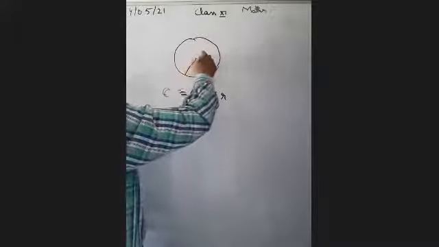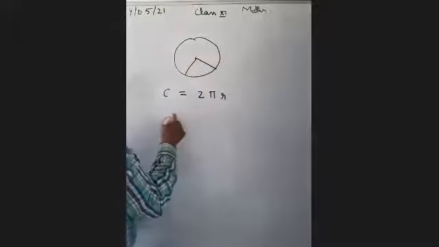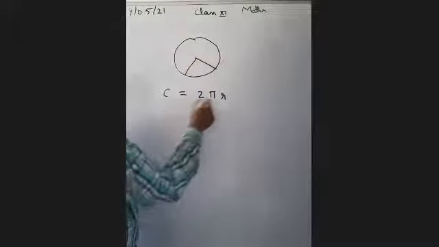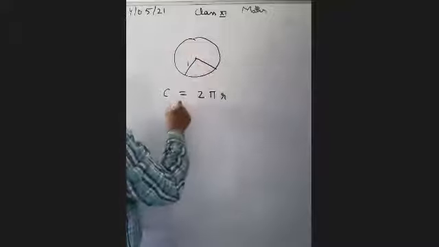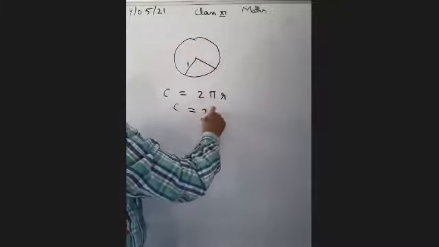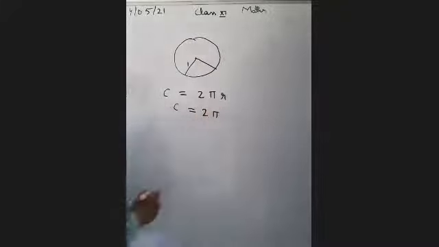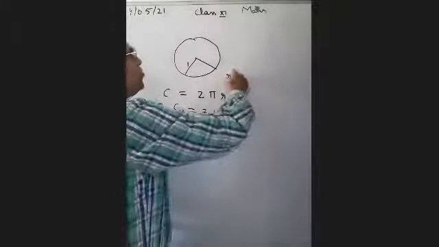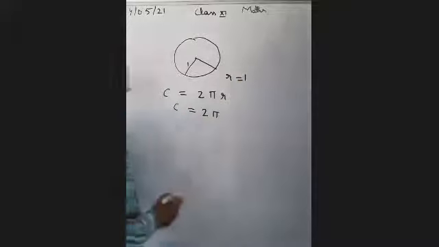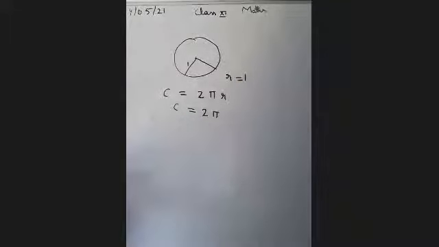There is a relation between L and R. If we take the radius 1, so circumference will be equal to 2 pi. If we take radius equal to 1, that is known as a unit circle. So 2 pi will be the circumference of the circle if we take radius 1 unit.